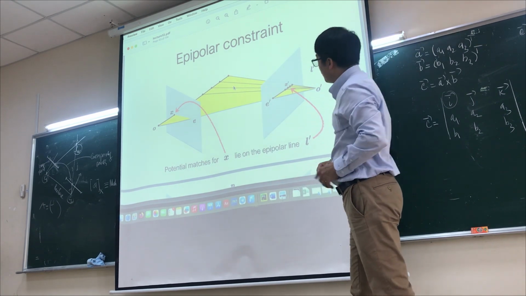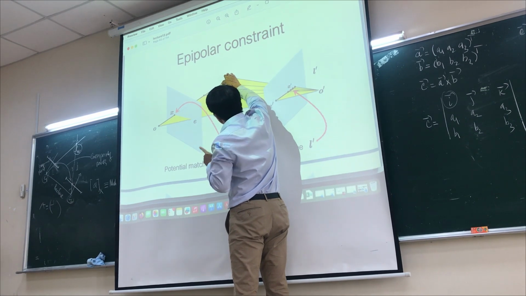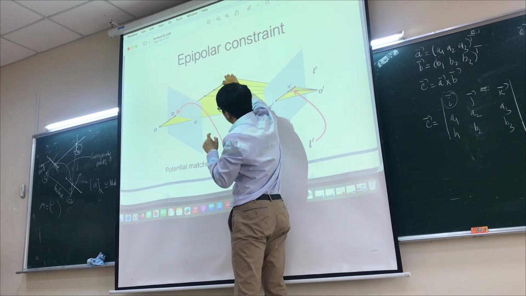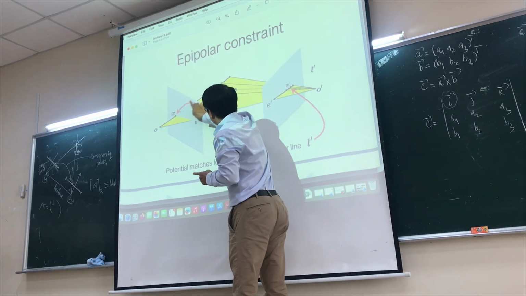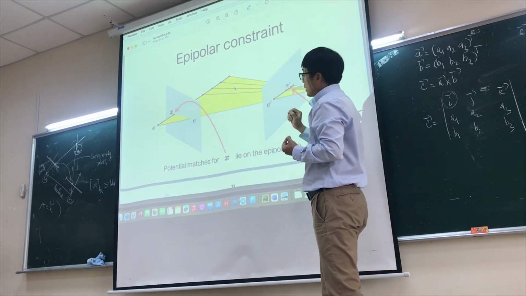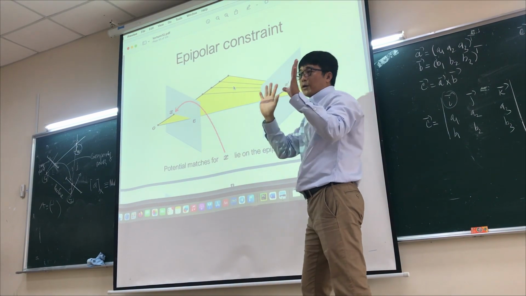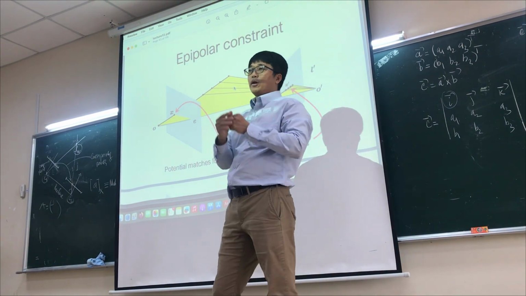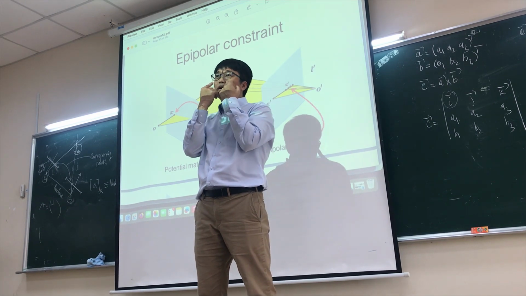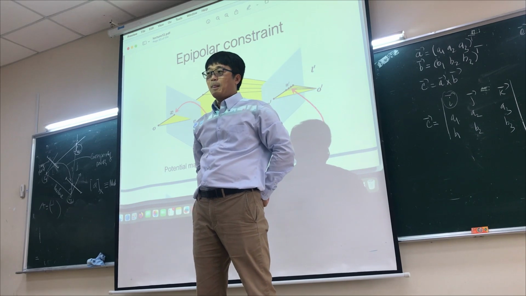For example here, if you have an object around here, then this pixel and this point in 3D can be seen by this camera and can be seen by this camera. So you have 2 corresponding points. Okay? Only 2. Tell me, you have 2 lines. Can they be seen in the same image or not the same image?